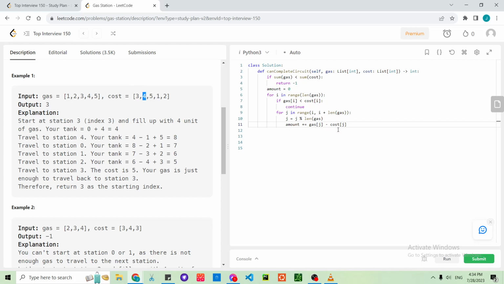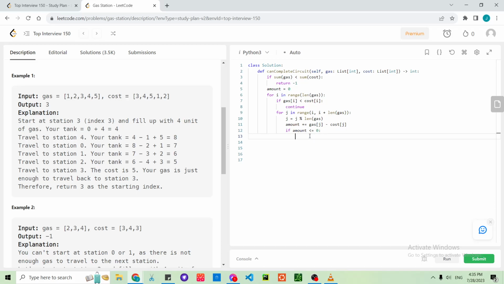So after this, the amount is now negative. If amount, so negative definitely does not work. What about 0? If we have 0 left, what does this mean?